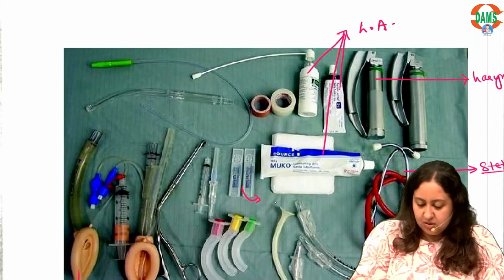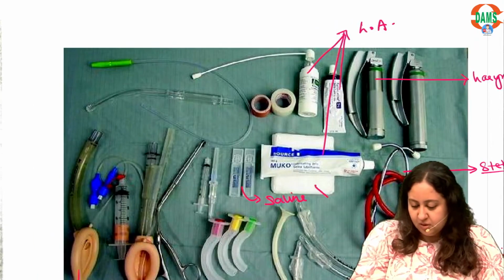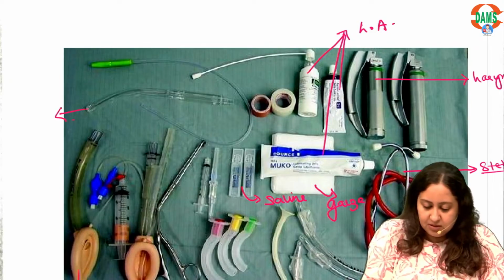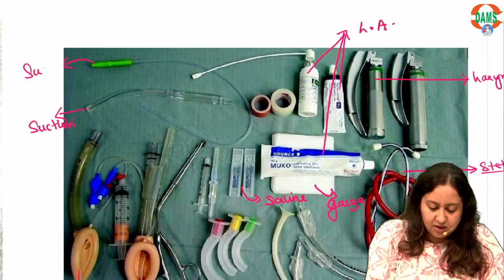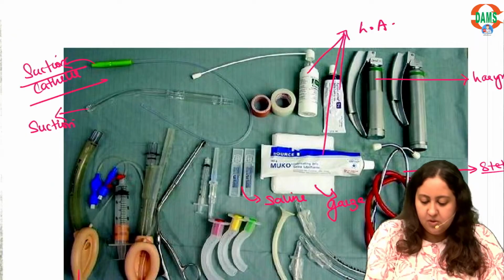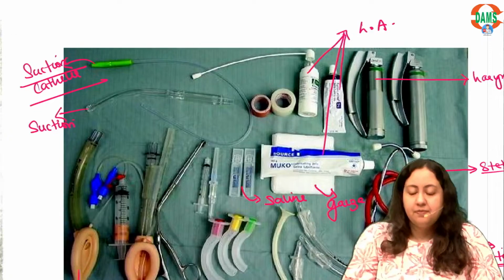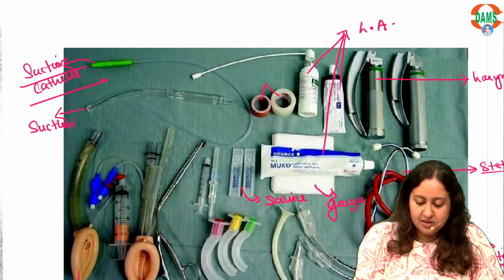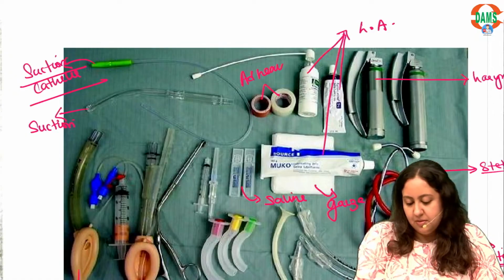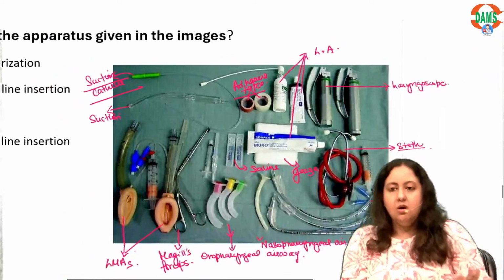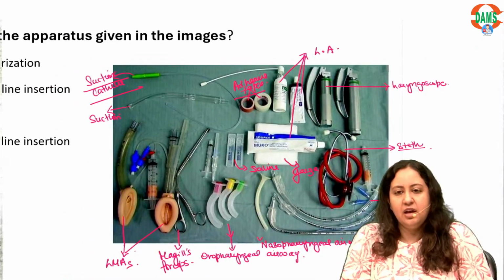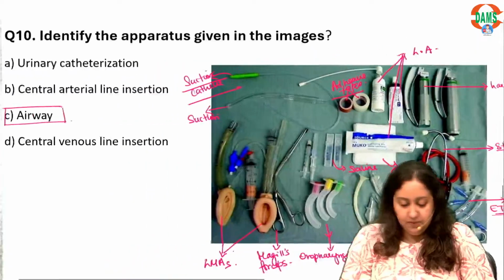This is your saline. These two ampules over here, these are your gauzes. This is your suction, and this is also your suction catheter. Alright. And these are your adhesive tapes. So this is how an intubation trolley or an airway trolley looks like. Okay.